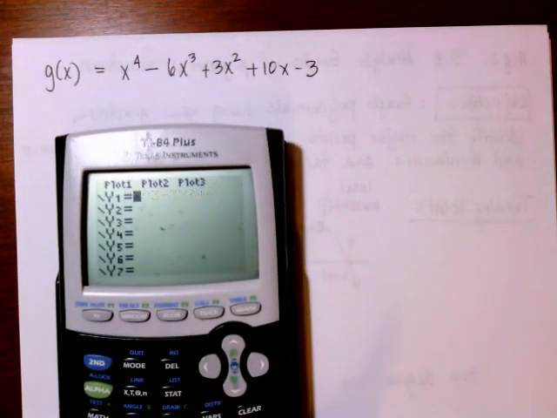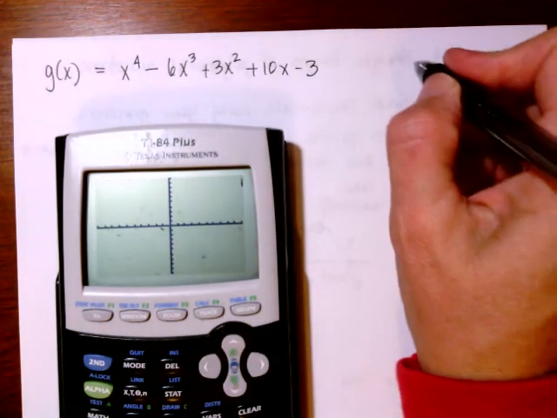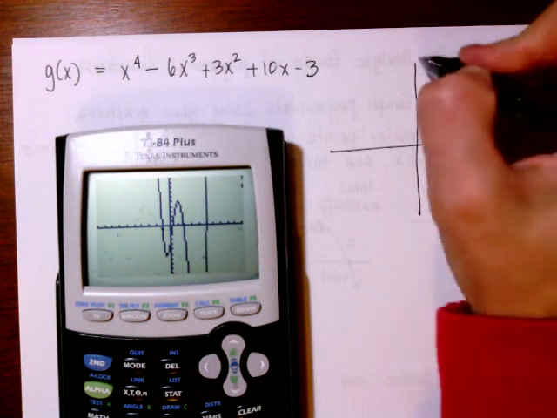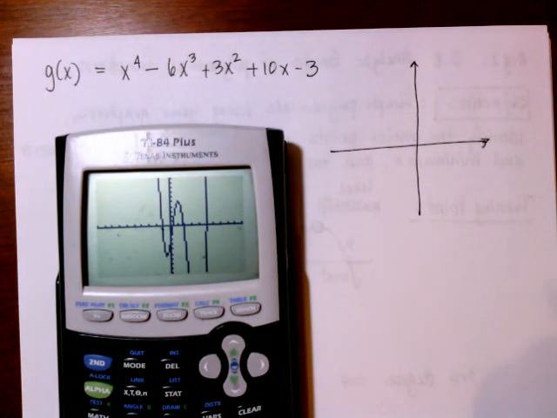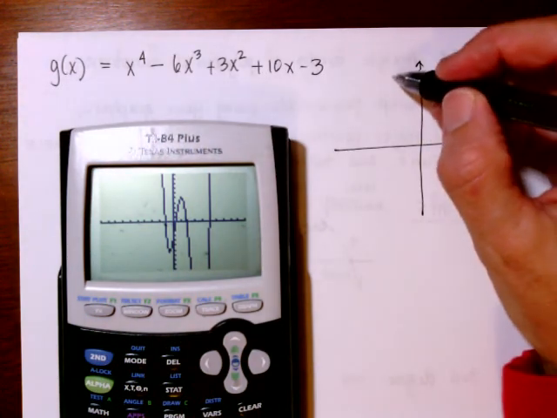Okay, so I'm going to clear the old one. I have x to the 4th minus 6x to the 3rd plus 3x squared plus 10x minus 3, and I'm going to graph, and then I'm going to sketch my graph over here. Alright, it is a 4th degree polynomial, so it's basically a glorified parabola.